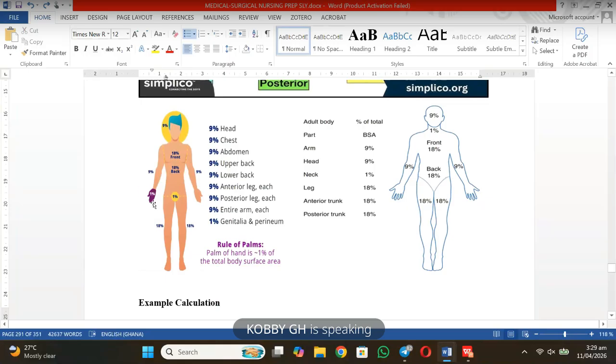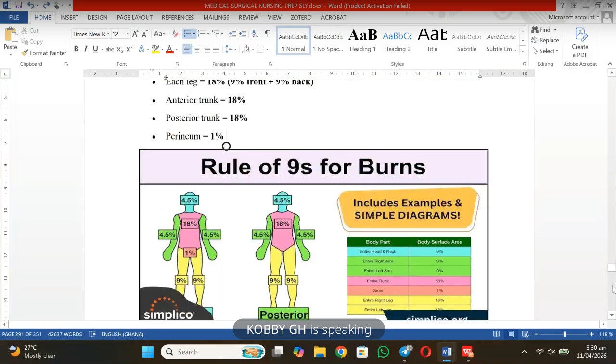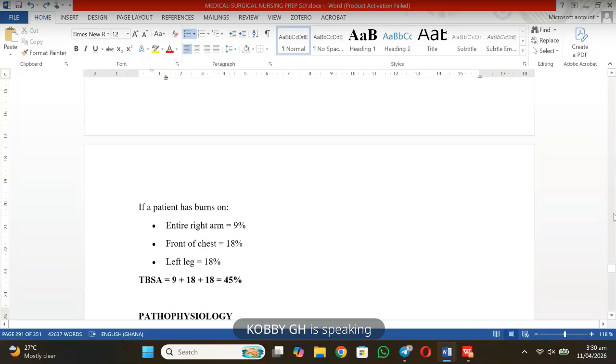In the Wallace rule of nines, the palm is usually assigned just 1%. So if the examiner brings in the palm, just assign 1% to the palm. Okay, so I think we are good with the calculation.